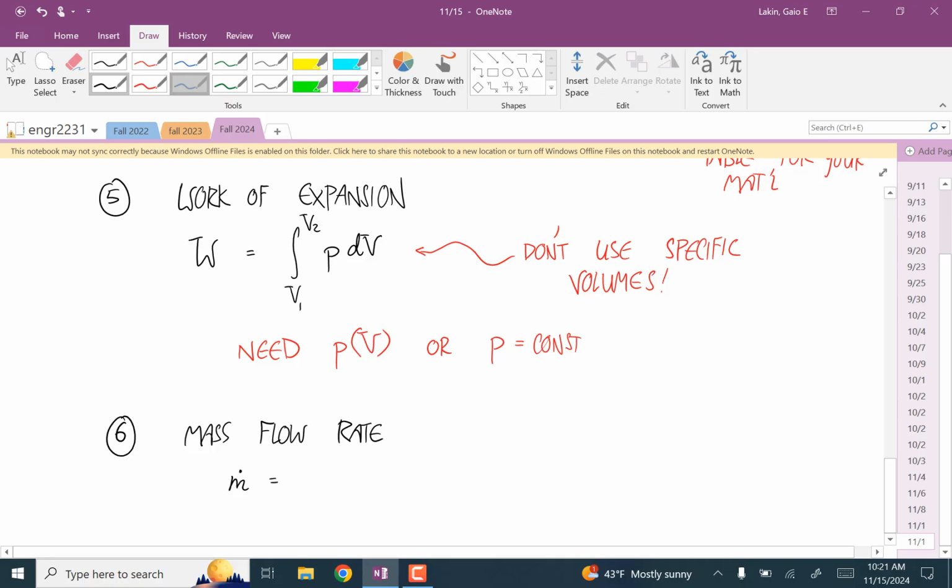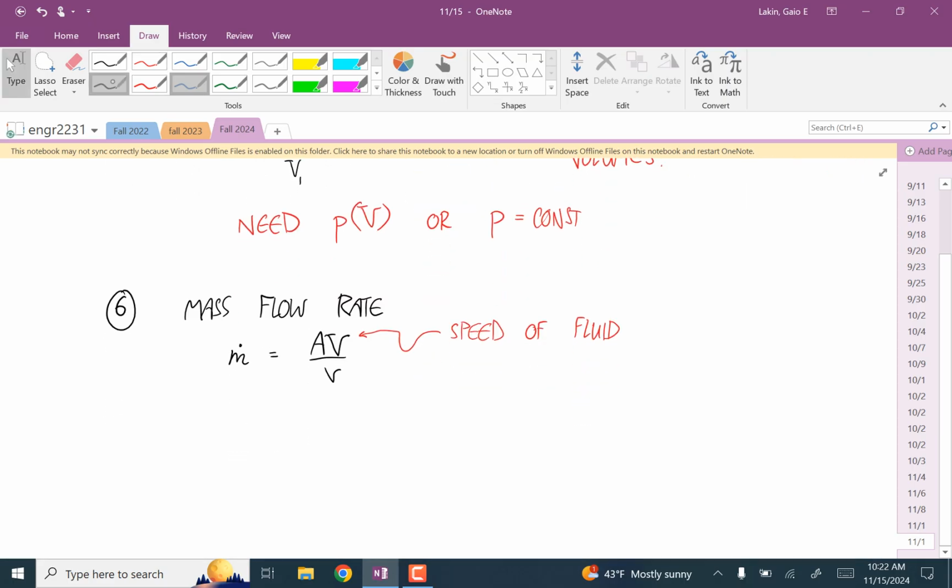m dot is equal to the area of the opening times the speed of the fluid divided by the specific volume. Seven is the TdS equations.